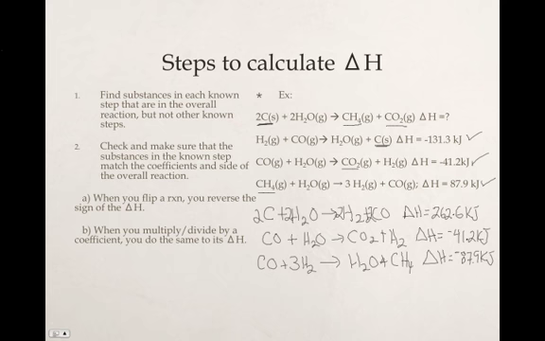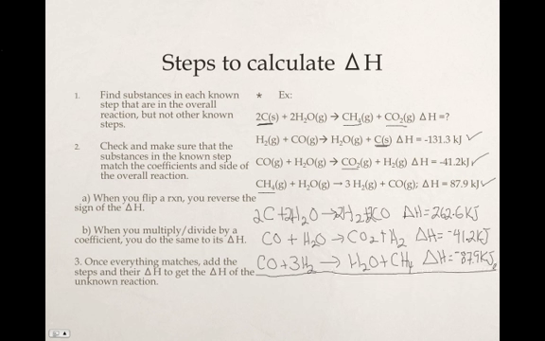Now that we've gotten the substances that we underlined to match, we need to add the steps to make sure that it matches the overall reaction. And once that happens, we can then go ahead and add our delta H's. So if we add all these steps together, we're going to combine like terms and cancel things out as we go. We have 2 carbons right now.